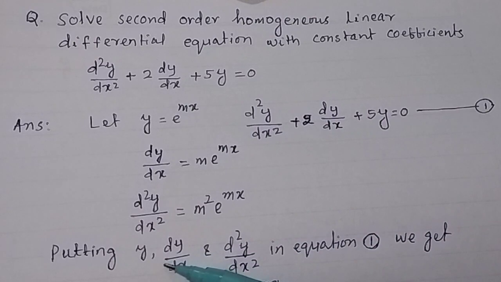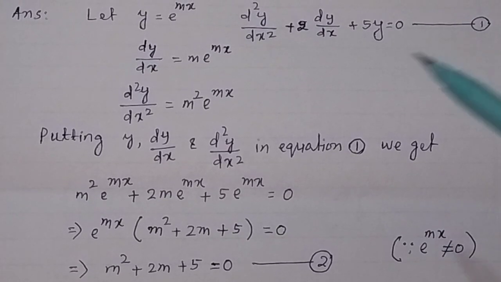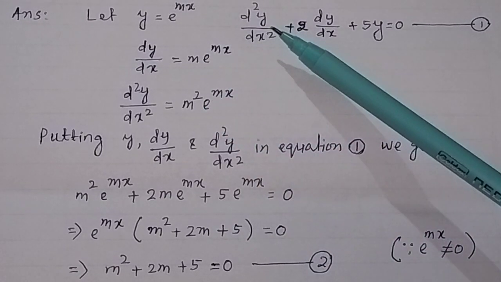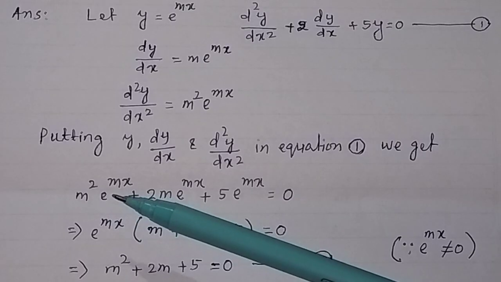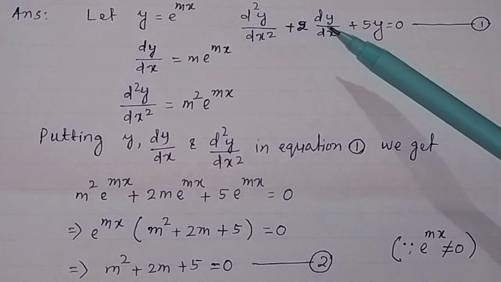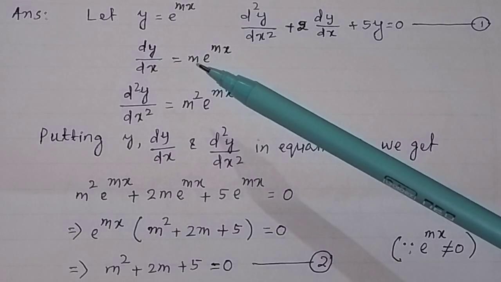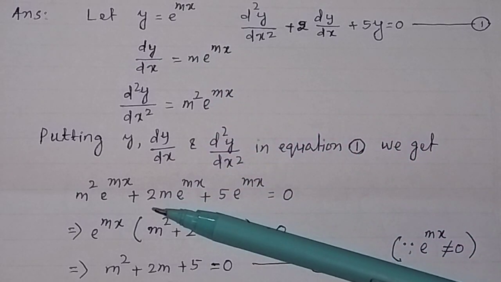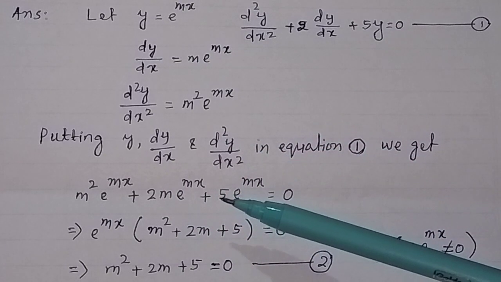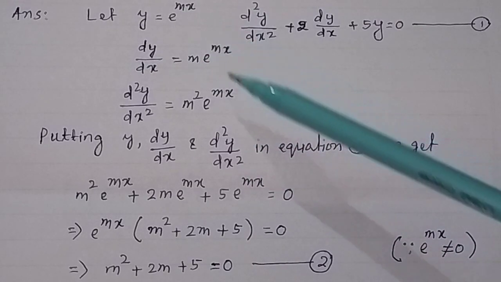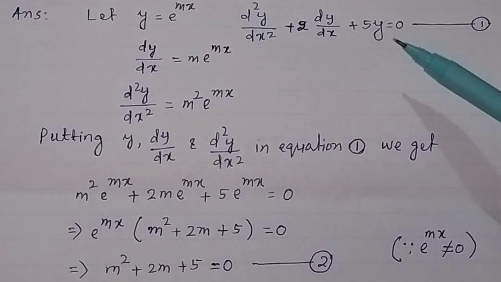So putting these in equation 1, we get m square e to the power mx, plus 2 into the first derivative, that is 2 into m into e to the power mx, plus 5y, that means 5 e to the power mx, which is equal to 0.